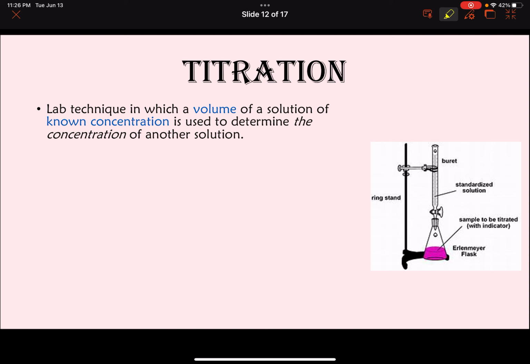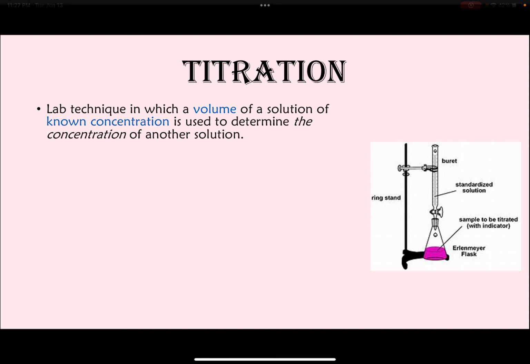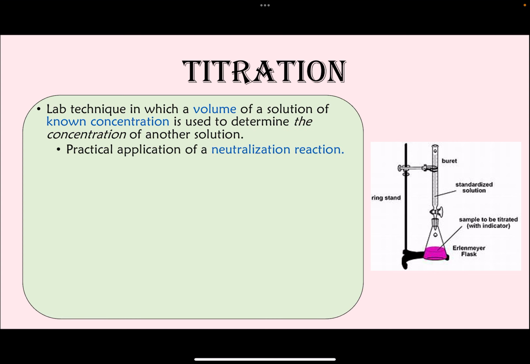And pretty much the last thing about acids and bases that we discussed in class was the titration, the technique that we can use to find the concentration of an unknown acid or base if we are given the concentration of the other substance. And we use the difference in the volume to do that. So here on the side you see a quick setup for titration.